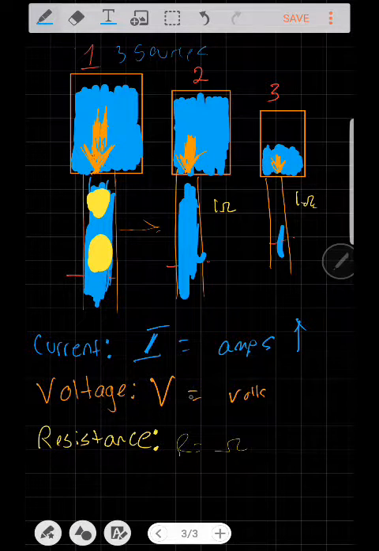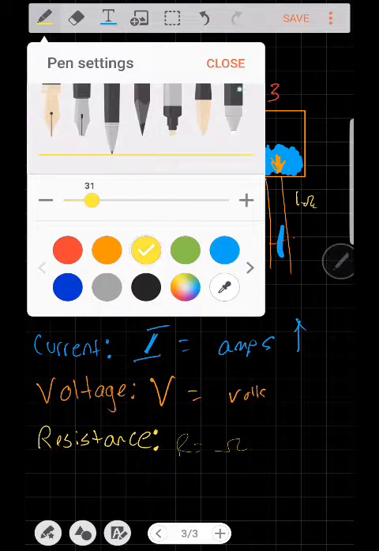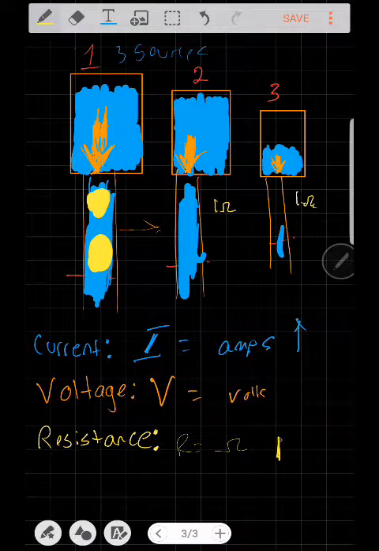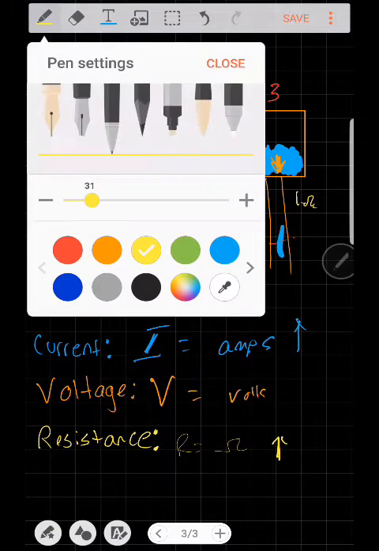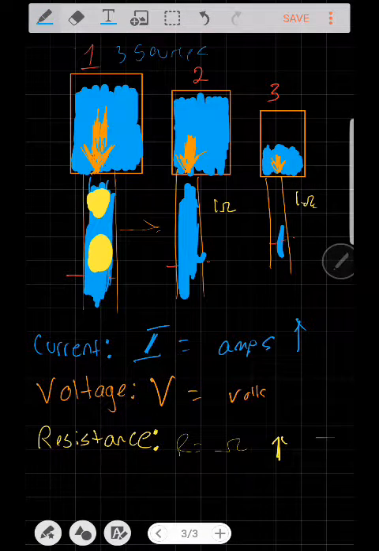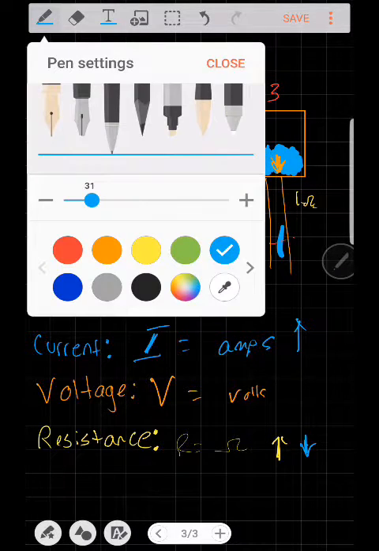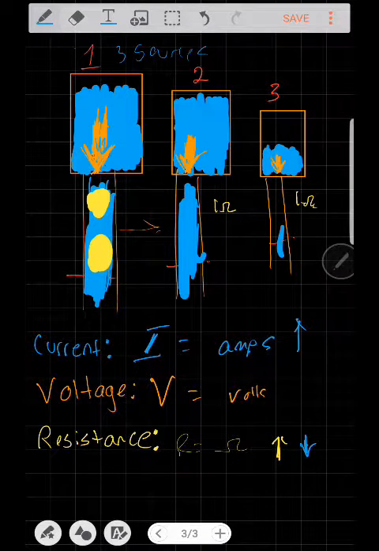But if I increase my resistance, my current would decrease. So you could say that resistance and current have an inverse relationship. And remember, if 2 things have an inverse relationship, that means they're going to be in an equation format, they're going to be multiplied together.